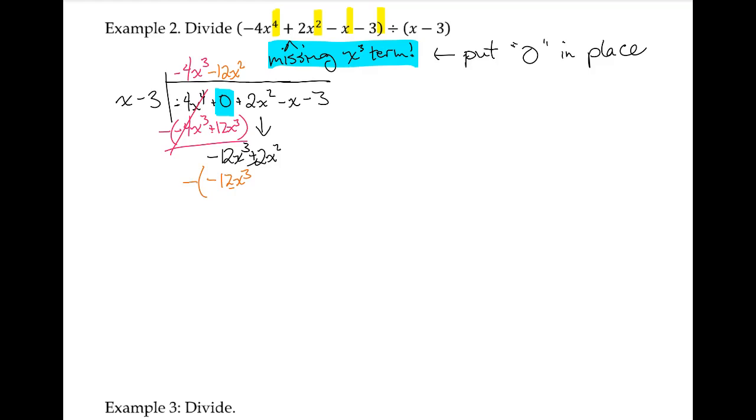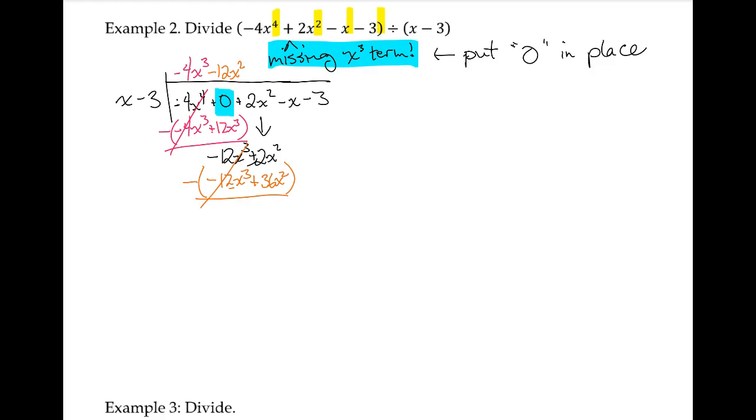I'm subtracting that, but I'm also dealing with negative 3 times negative 12, which is positive 36x squared. Again, I did all this to get rid of my first term. I've got 2x squared minus 36x squared is negative 34x squared.